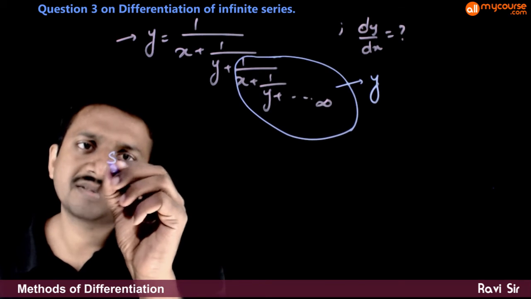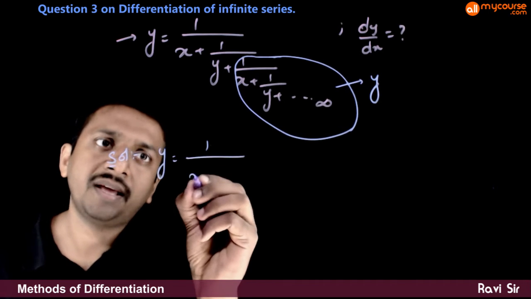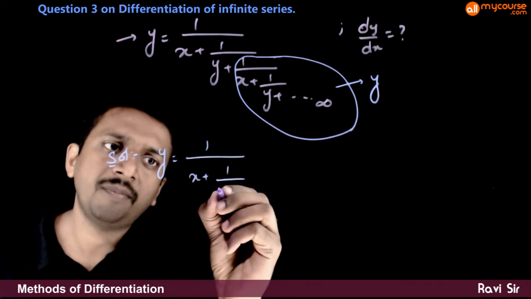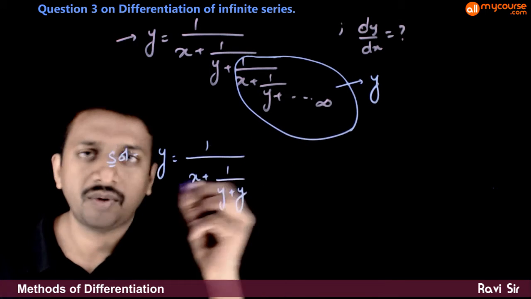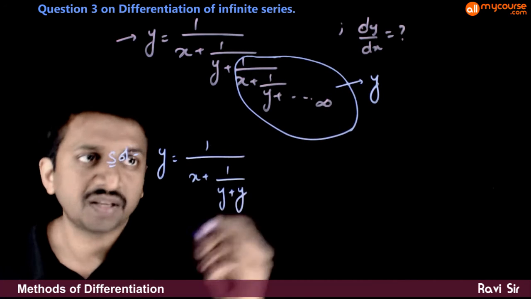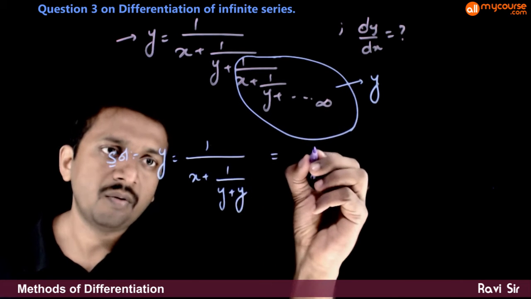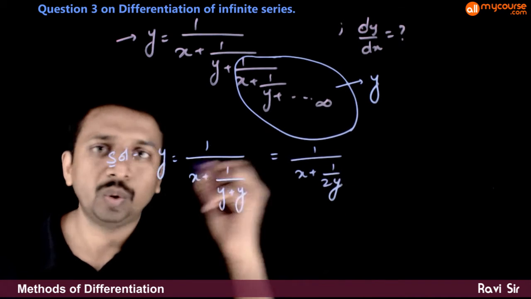So this implies y will be equal to 1 by x plus 1 by y plus, and this expression is nothing but y. So that is equal to 1 by x plus 1 by 2y.